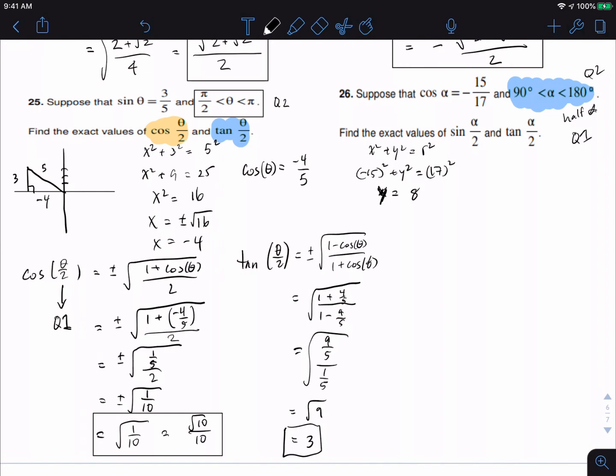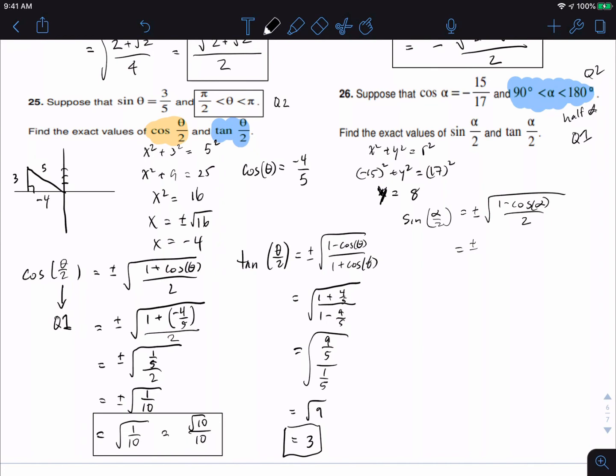And so then to do sine of alpha over 2, it's going to be plus or minus the square root of 1 minus cosine alpha divided by 2.